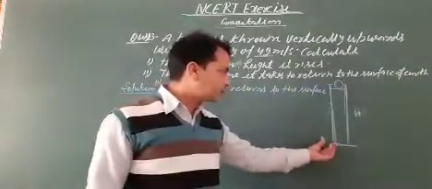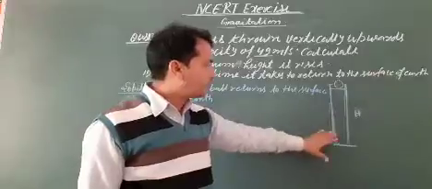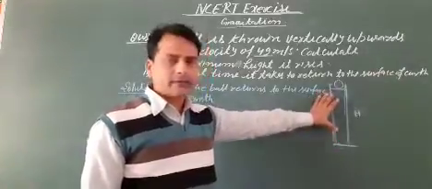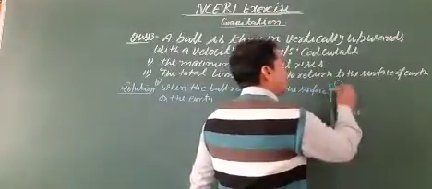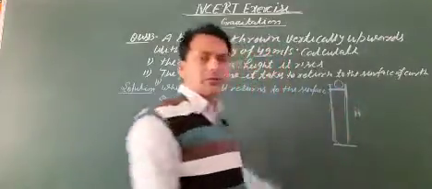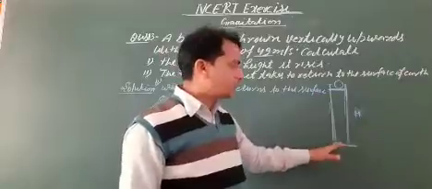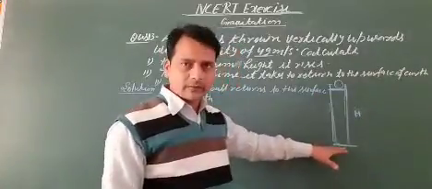When the ball is thrown vertically upwards and reaches the maximum height, then after reaching the maximum height the ball returns to the surface of the earth. So the initial position and the final position are the same here.